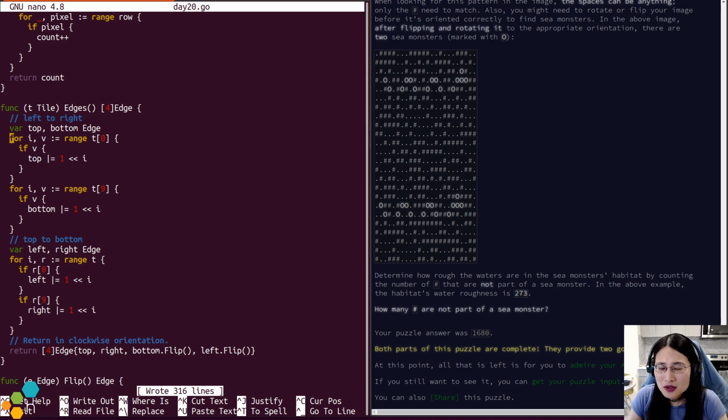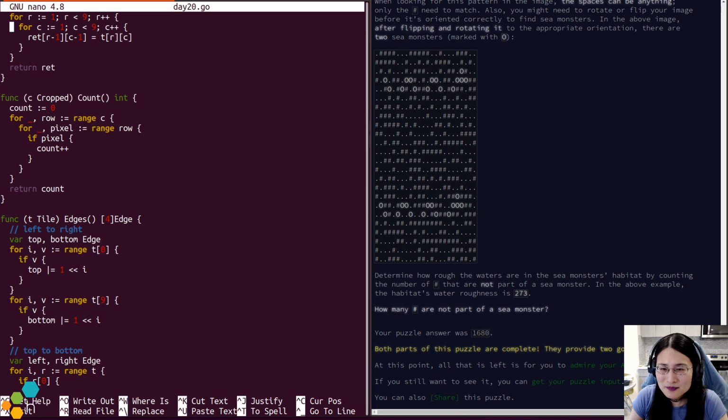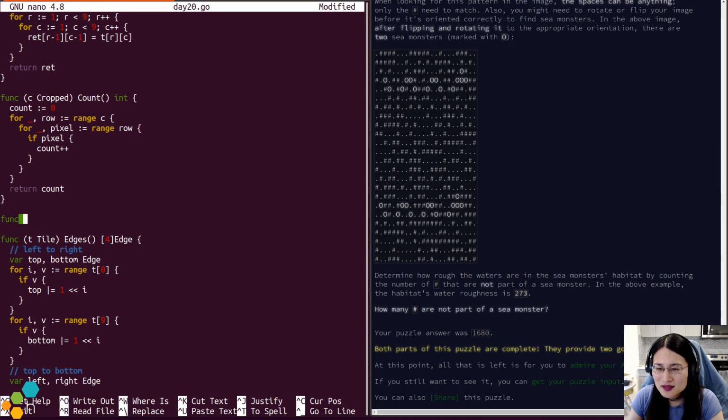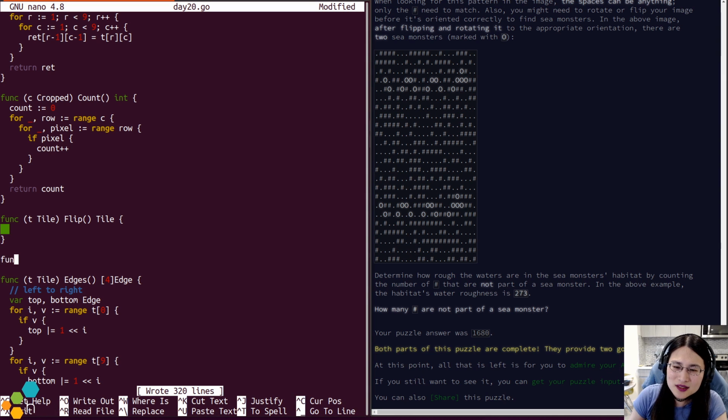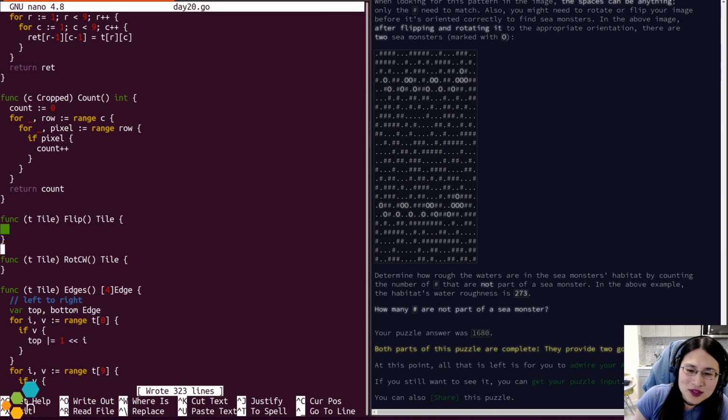So the first thing I need to do is support performing a rotation and a flip on a tile, which will return, in turn, a new tile. And then I also need to create a function that operates on a tile that will perform a clockwise rotation. And then we'll be in good shape.